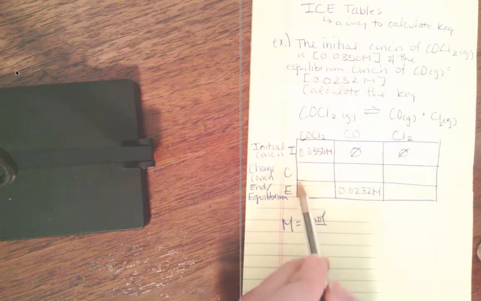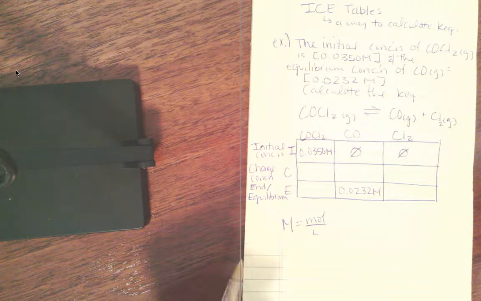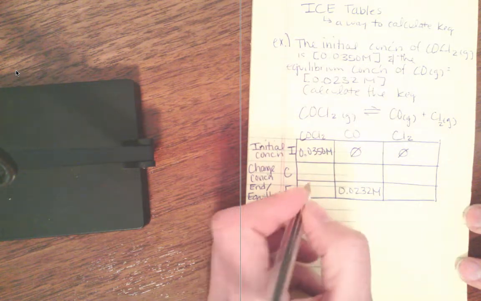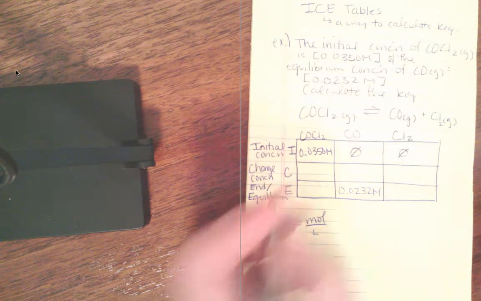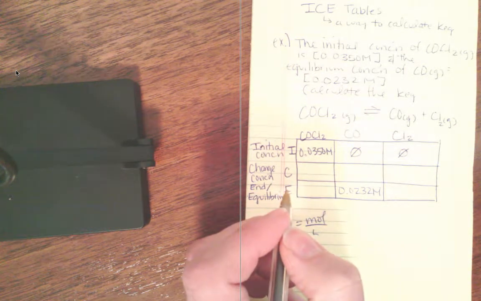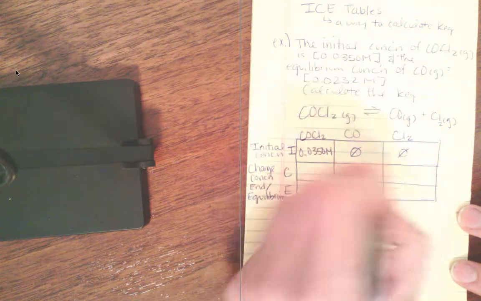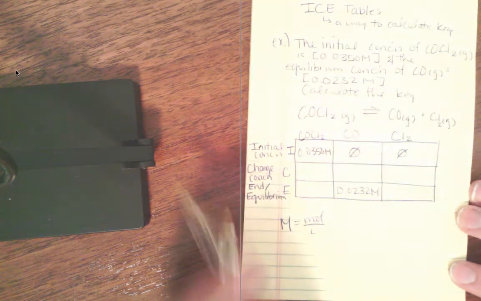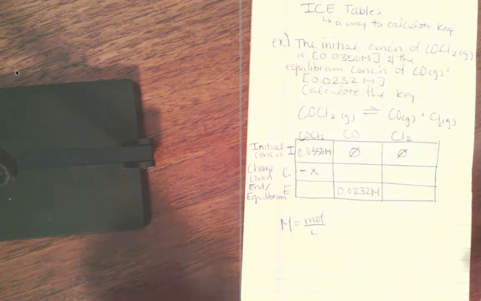Let's talk about change. The change is how much am I losing from my reactants and how much am I gaining to the product as the reaction proceeds towards equilibrium. Well, we use the letter X to denote what's being lost and what's being gained, and a plus or minus symbol to show loss or gain. So if my reactants are turning into product, I'm losing reactant and I'm losing X amount.